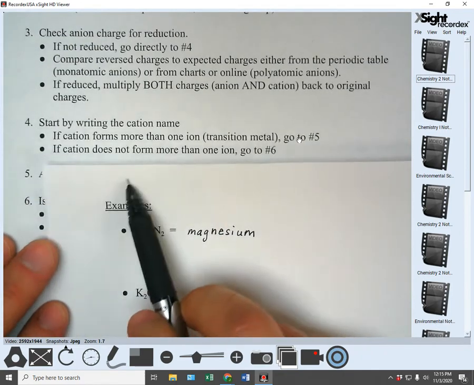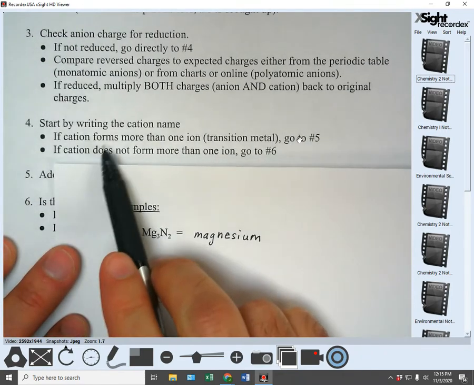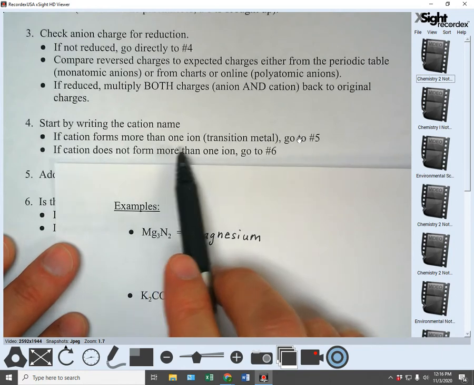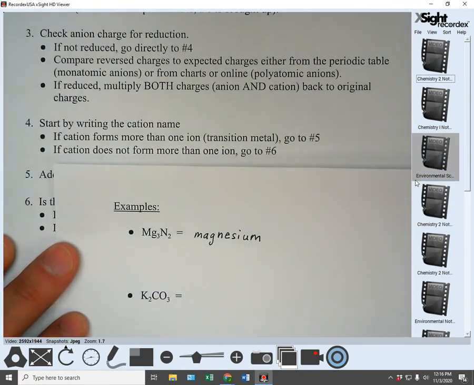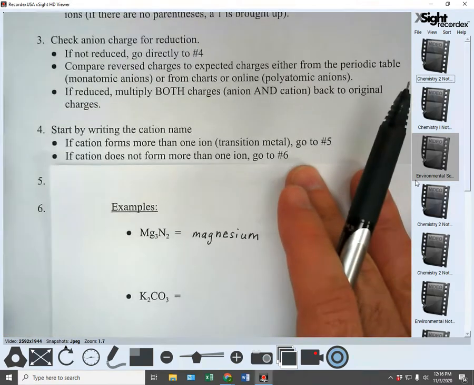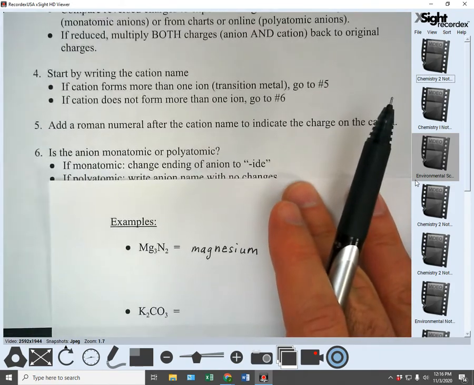If the cation forms more than one ion, go to number 5. If it does not, go to number 6. We already said it does not, so we go to number 6.